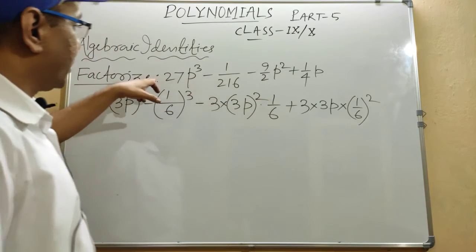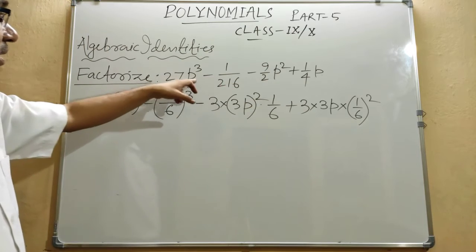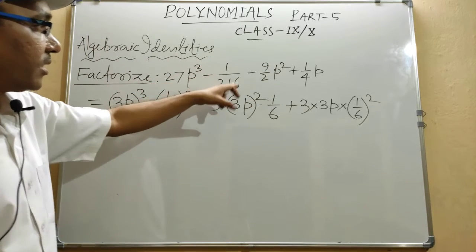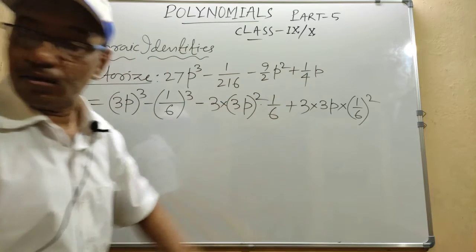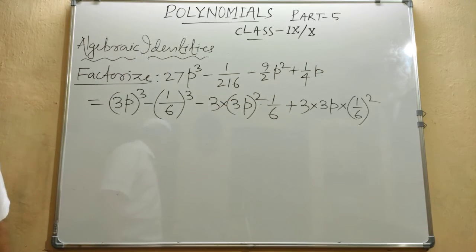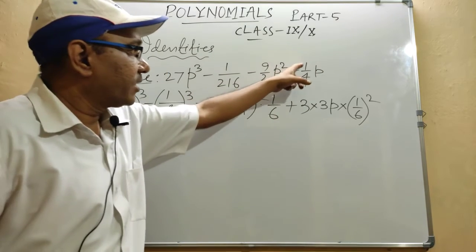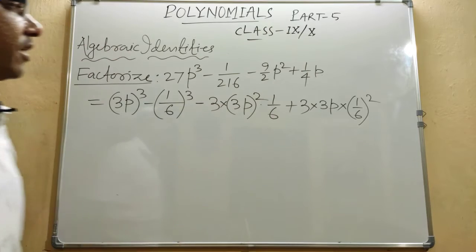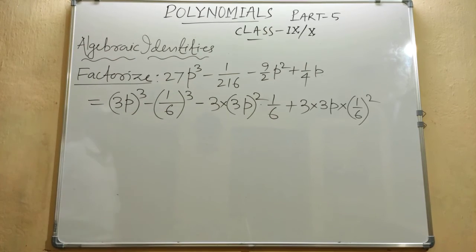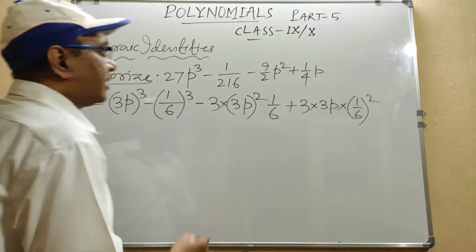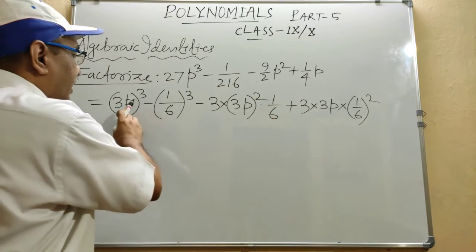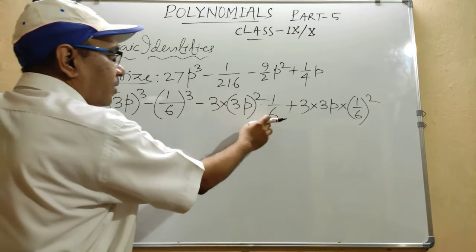The question had some mistake, you correct it. It should be 27 p cube minus 1 by 216 minus 9 by 2 p square plus 1 by 4 p. In the question there is a mistake, you write 1 by 4 p, then only it will be factorized. The last term should be 1 by 4 p. And see, it is a cube minus b cube minus 3a square b.